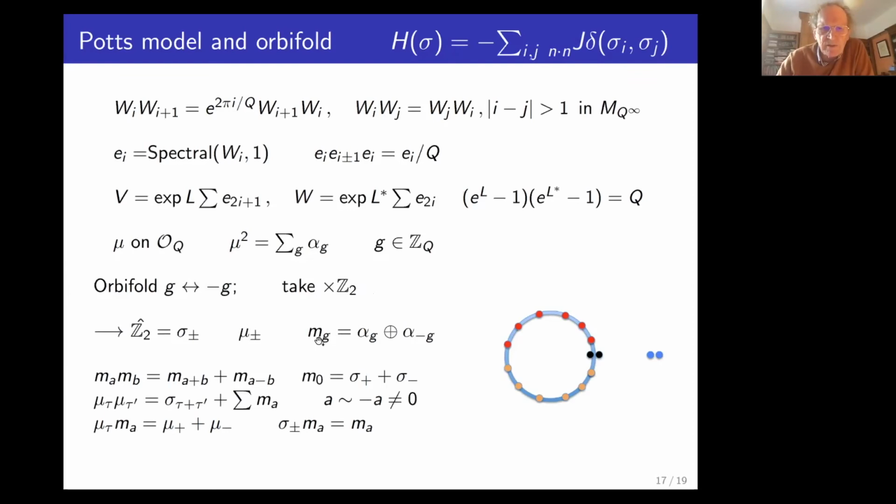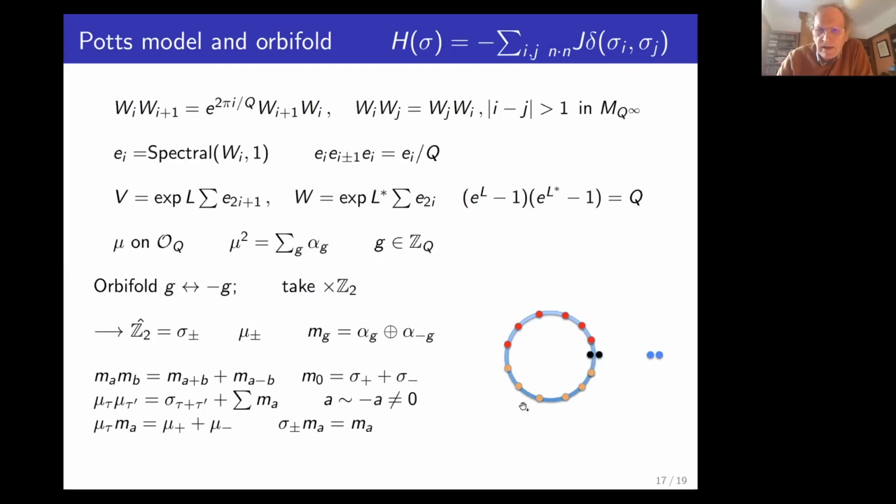So I average with this m_g. There's a dual action coming from the dual group, that's sigma plus and sigma minus. Then the original mu, because of this parity thing, I now get two of them, mu plus and mu minus. So what I've written here are the irreducibles for the double, for the orbifold of Tambara-Yamagami.